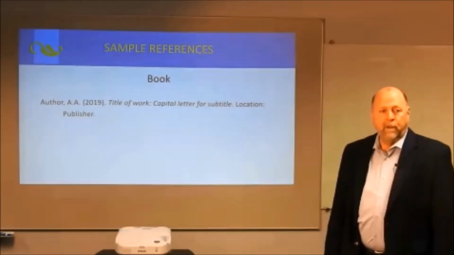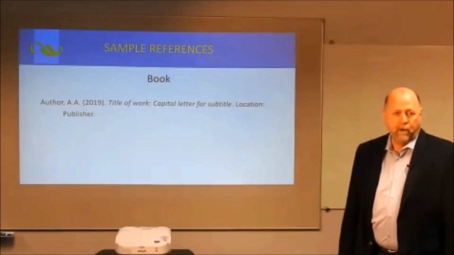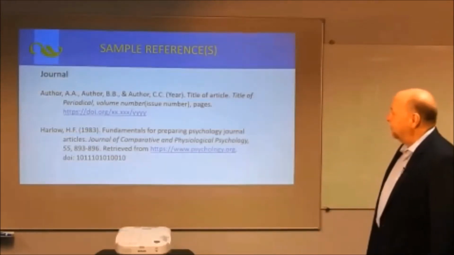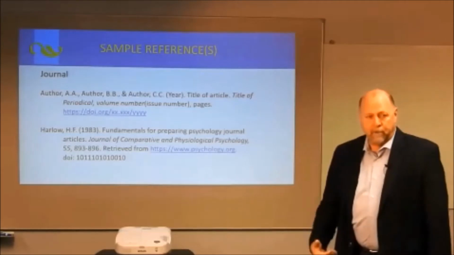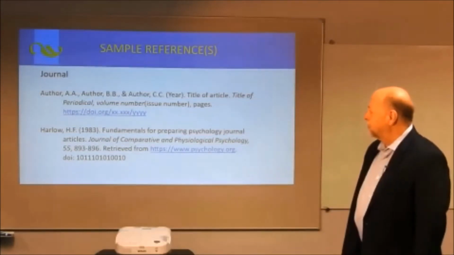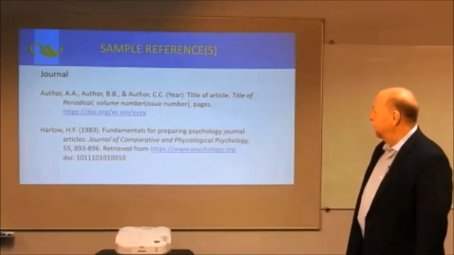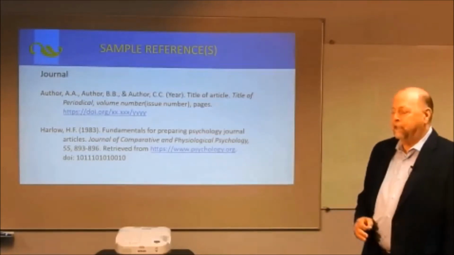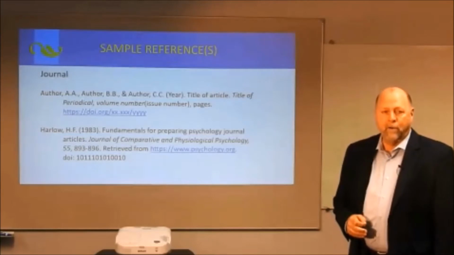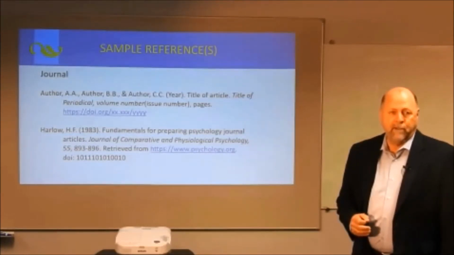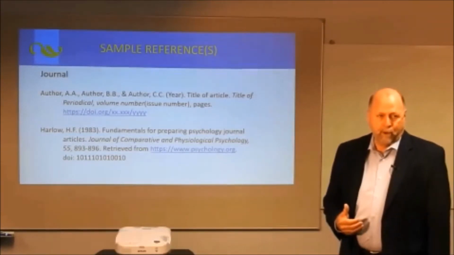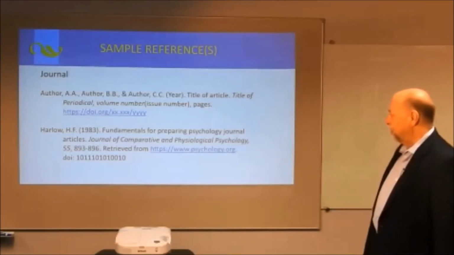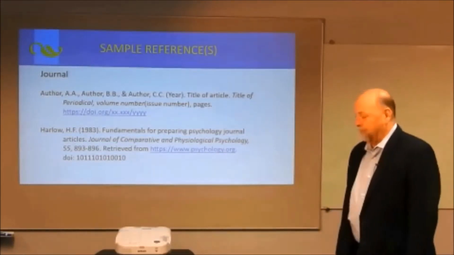Then you want to put in normal print the location where the book was published and the publisher's name. If it's a journal article, again, author's last name, first initials, the year of publication, the title of the article, but now instead of using the title of the article written in italics, you want to use normal print, and the italics are going to be used in the title of the journal and the volume number.